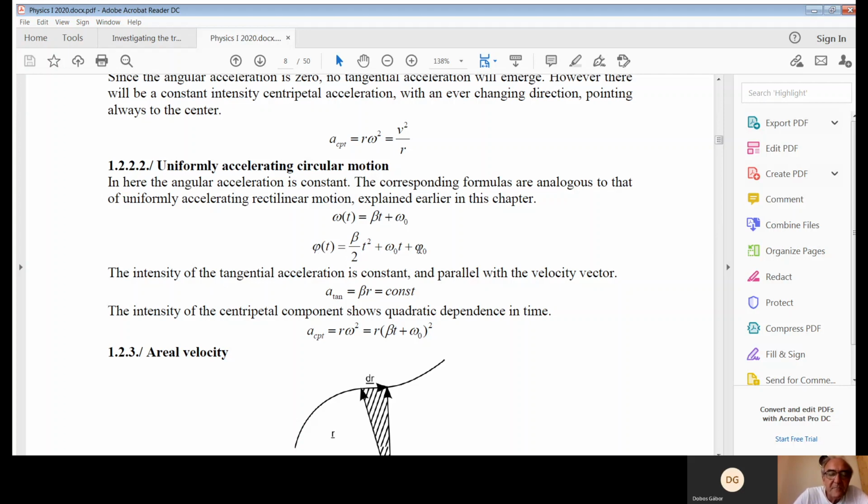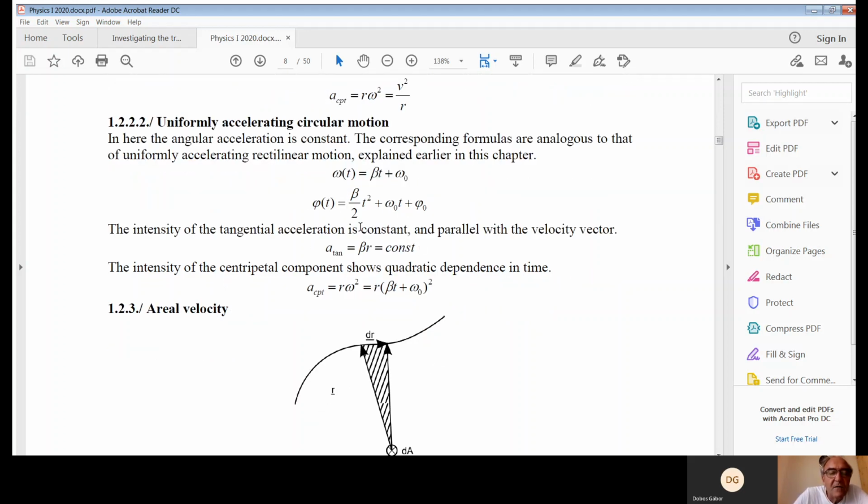It is the quadratic formula of the position. The intensity of the tangential acceleration is constant. The tangential acceleration is constant, so it is going faster and faster, and parallel with the velocity vector. The intensity of centripetal component is quadratic dependence of time, so r omega square, and omega is substituted here, and omega is increasing fast.